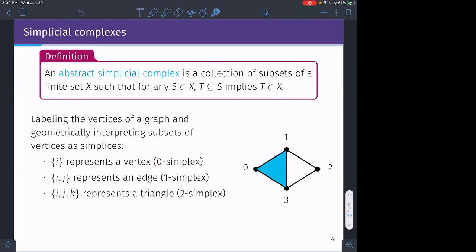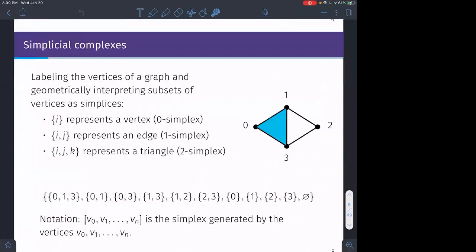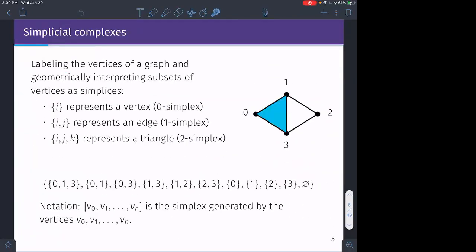For example, in this picture, I can describe a simplicial complex that includes this triangle, all of the edges, all the vertices, and then because I have to be closed under inclusion, I also include the empty set. And that's it. That's an example of a simplicial complex.